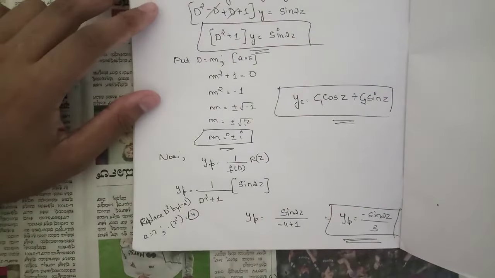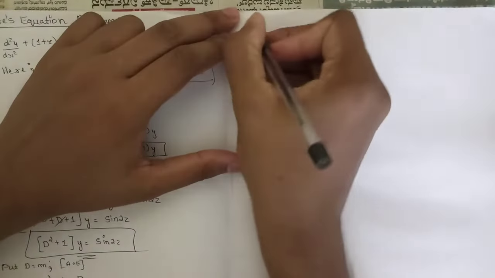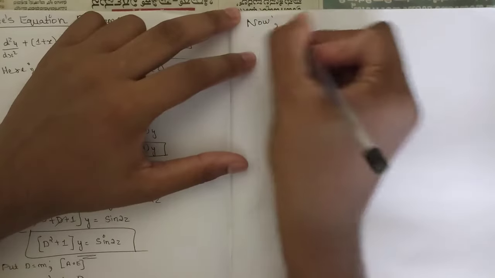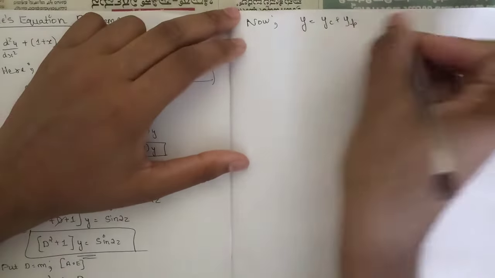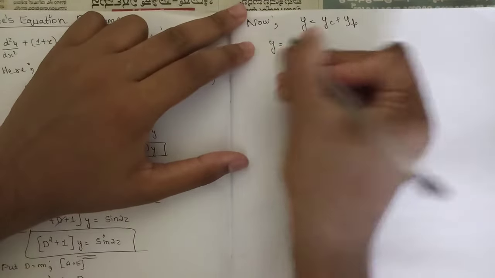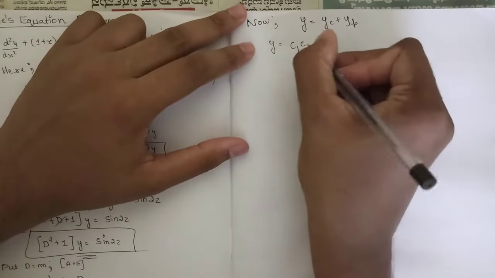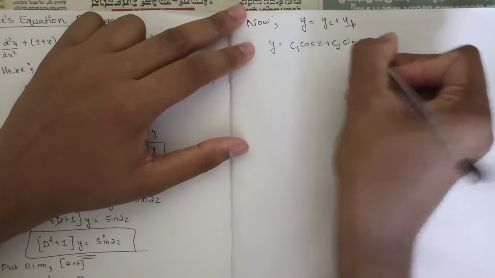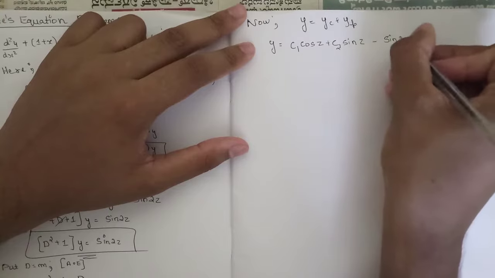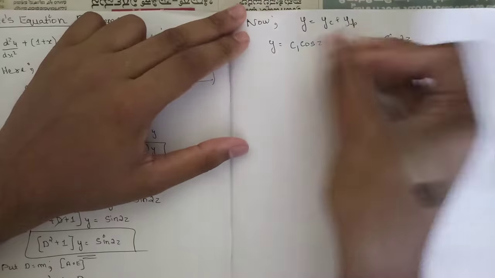Now we'll write the y. We can write y equal to yc plus yp. So y is the complementary function, which we got as c1 cos z plus c2 sin z, minus the particular integral, sin 2z by 3.